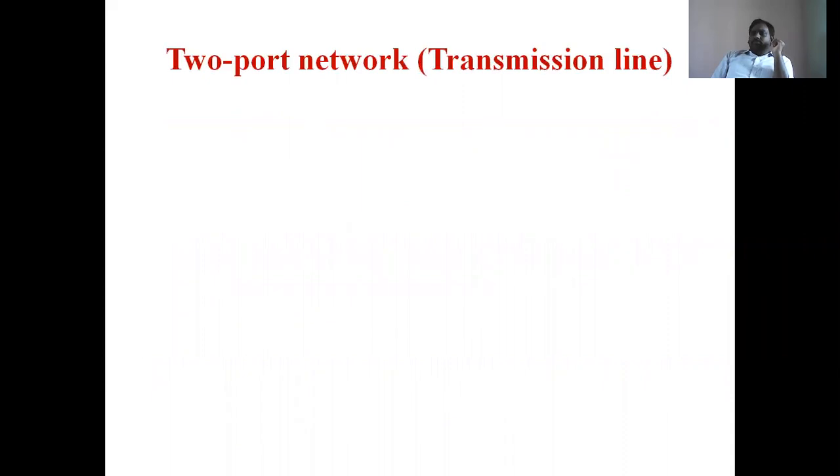So what is a two-port network? A transmission line can be treated as a two-port network, and by carrying out the analysis of ABCD parameters we justify the performance of the transmission line. If that performance is suitable, then we can construct a transmission line with the values of those parameters.